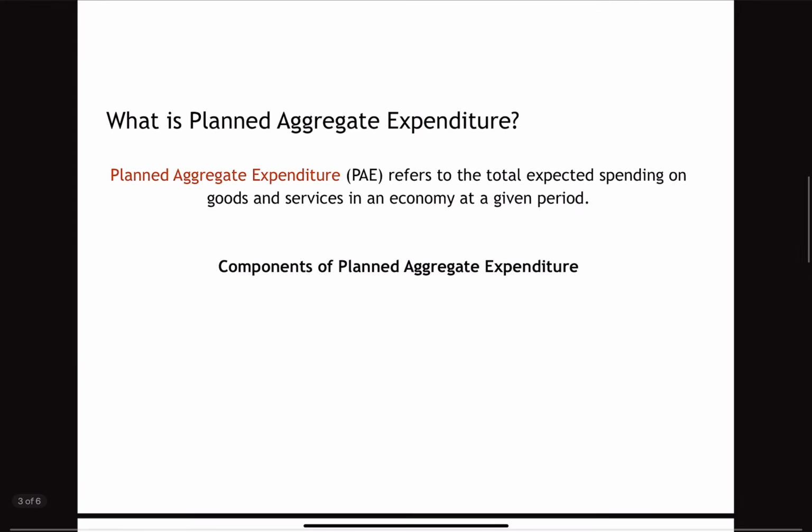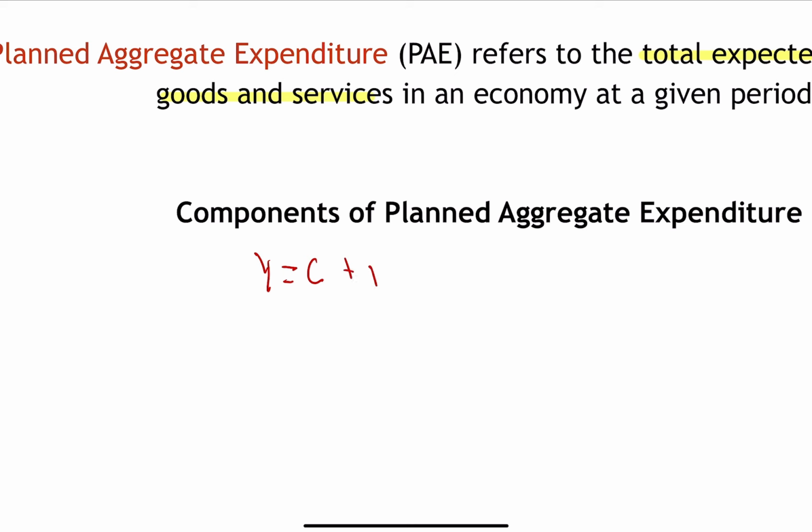Now, what is planned aggregate expenditure? It's very similar to actual, except it refers to the total expected spending on goods and services in an economy at a given period. So the components are also very similar. It still has Y equals C plus planned investment plus G plus NX.